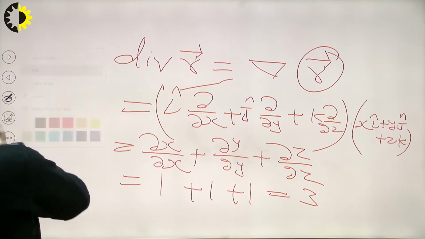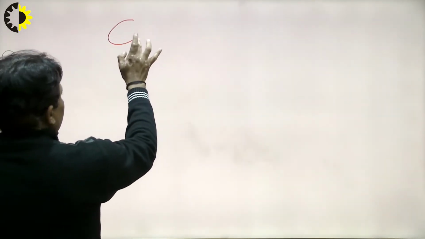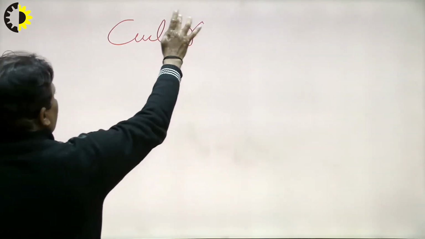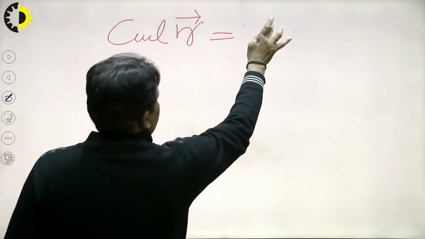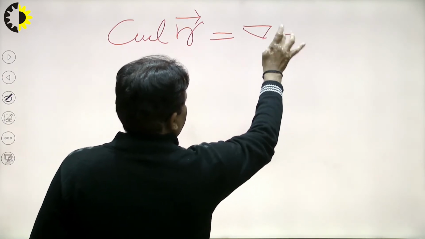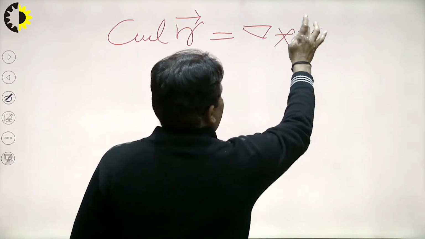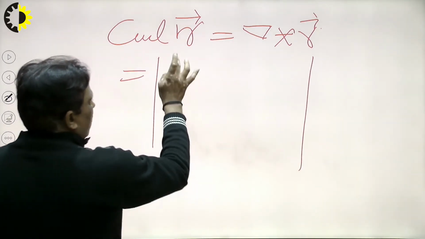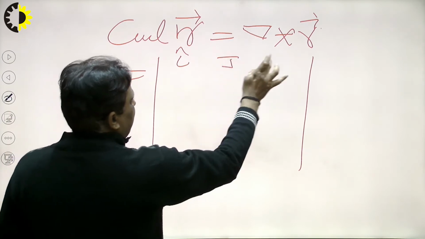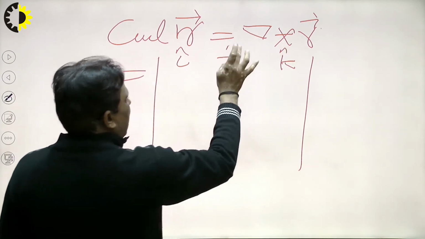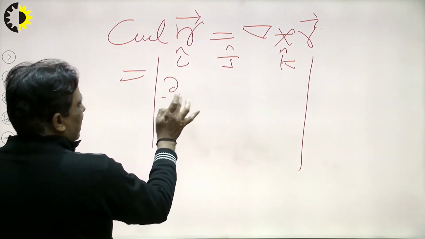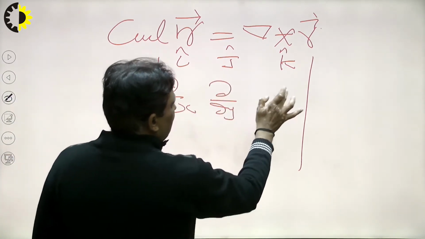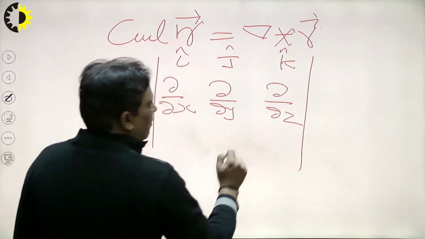Now suppose I want to calculate the curl of vector r. How to calculate? Curl means del cross r. I explained just now: the first row is i, j and k cap. And what is del? Del is del over del x, del over del y, del over del z. And what is vector r?